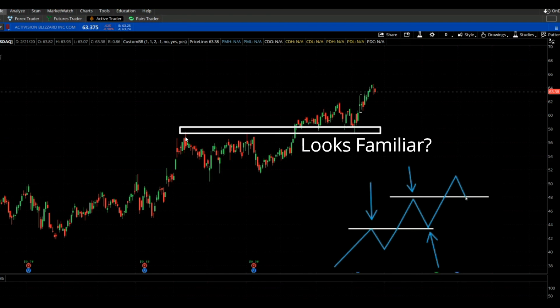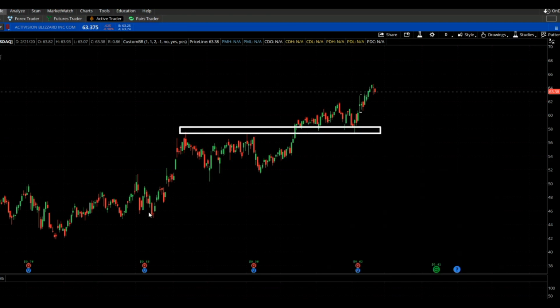The reason I'm drawing it here is because these wicks are in the box and these wicks are in the box. So this is an area of value. What used to be resistance now becomes support.